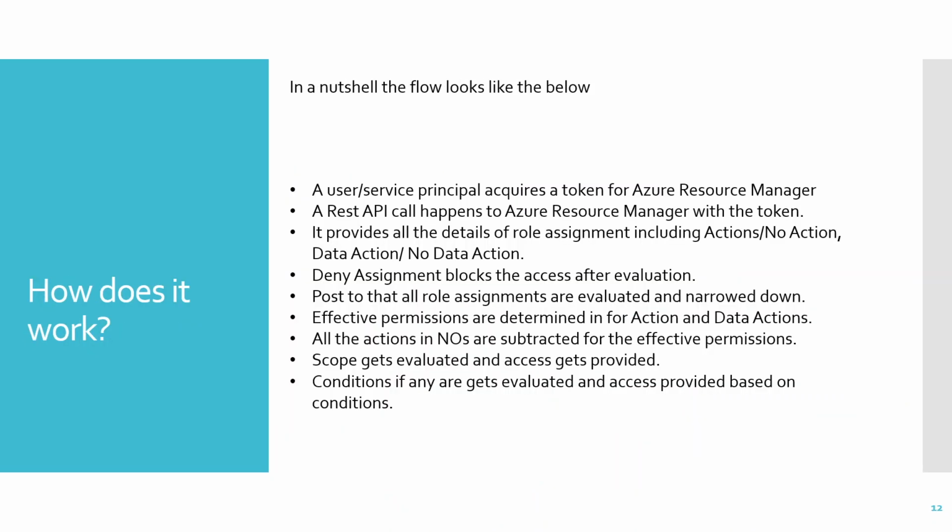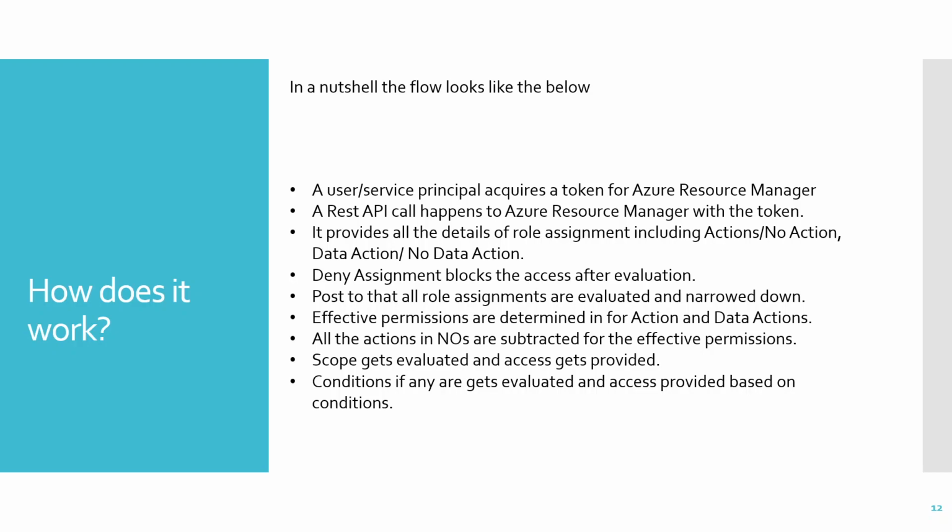Now, if we try to combine everything into the fundamentals of how RBAC works, then in a nutshell the flow looks like this. First, someone wants to access something on Azure, a user, let's say, or a service principal, and requests a token for Azure Resource Manager. So Azure Resource Manager starts evaluating the role definitions and assignments, more on a metadata level, and then comes up with the result of what the user can access or cannot access.